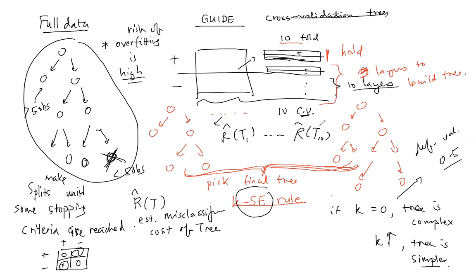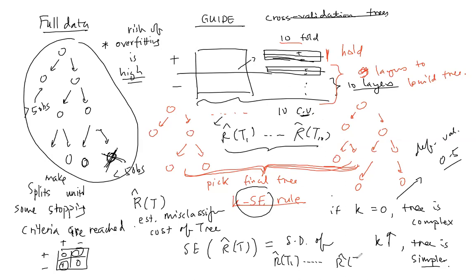You have 10 of them, and then you calculate this SE of R hat T, which is basically the standard deviation of these values. So you find the standard deviation of this set of cross-validated trees.